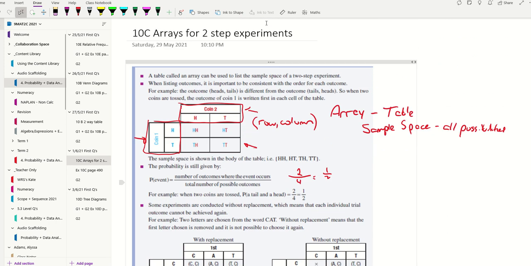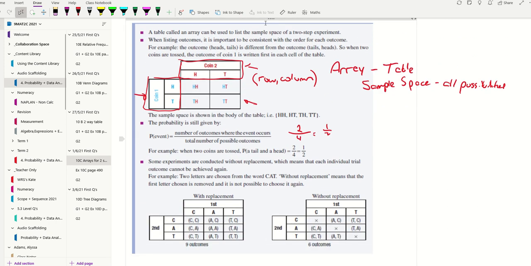Now, some experiments are conducted without replacement. What that means is that if we're talking about flipping a coin, there's no such thing as doing that without replacement, because every single time that we toss the coin, it has both a head and a tail.